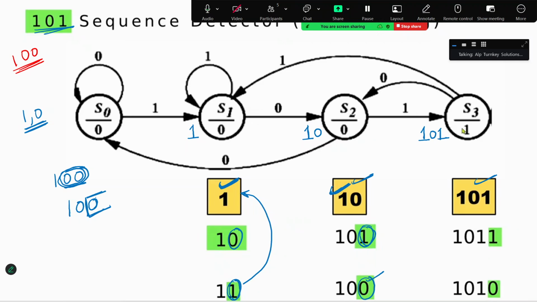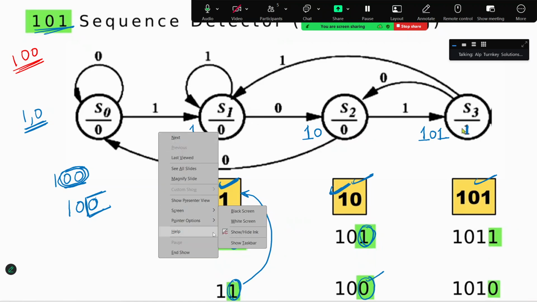Next, you see, suppose this is completed. After that at S3, 101, I got the complete 101 sequence. Till the sequence is not detected, the output is only 0. Since you are getting the sequence, the output becomes 1.